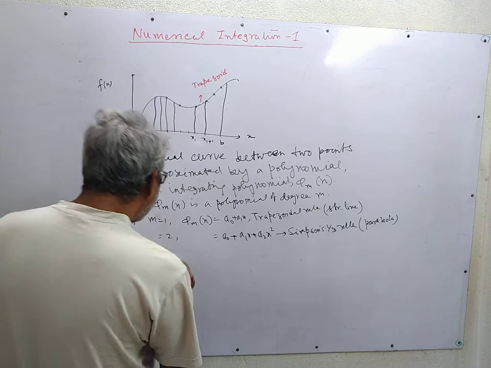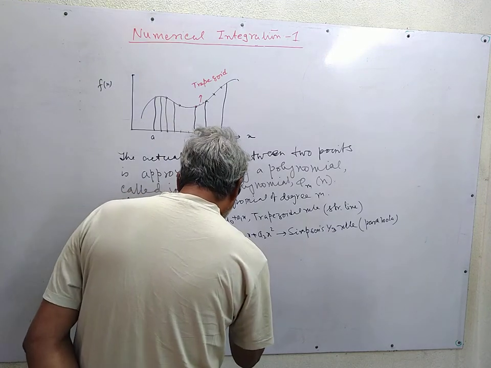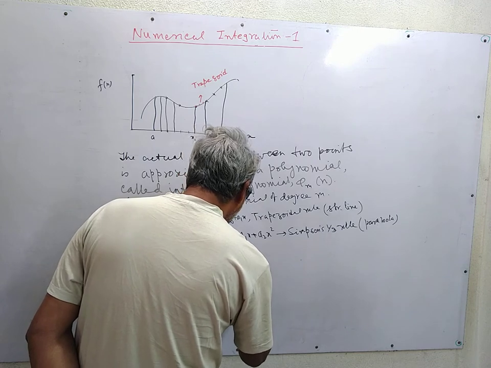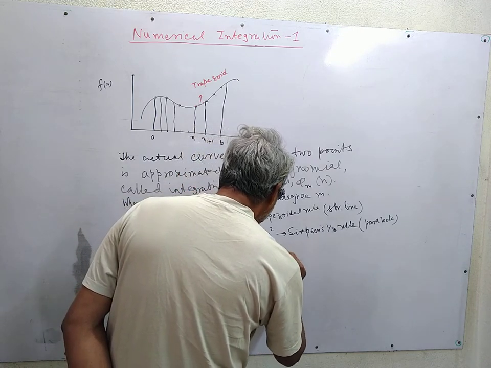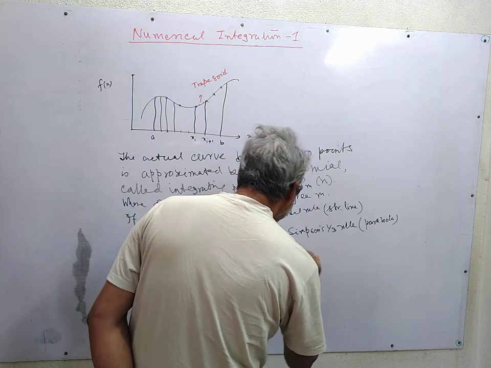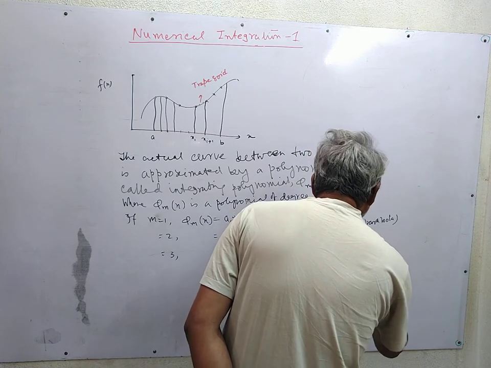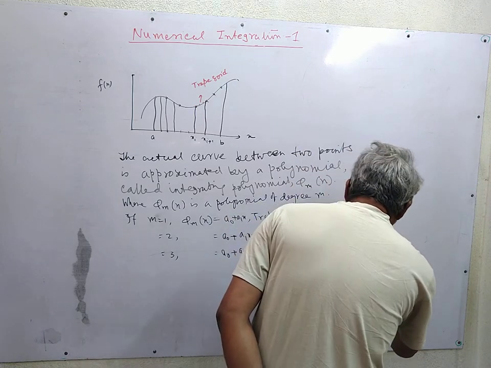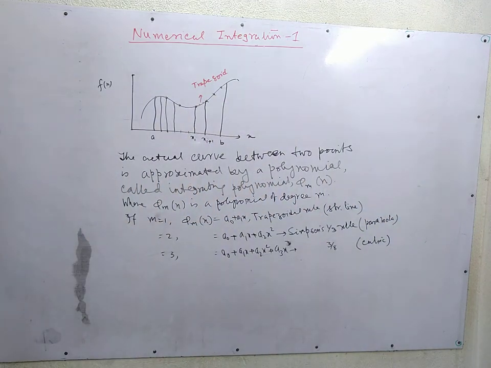If we put m is equal to 3, we get a0 plus a1 x plus a2 x square plus a3 x cube. This gives you Simpson's 3/8 rule, and the fit is a cubic fit.